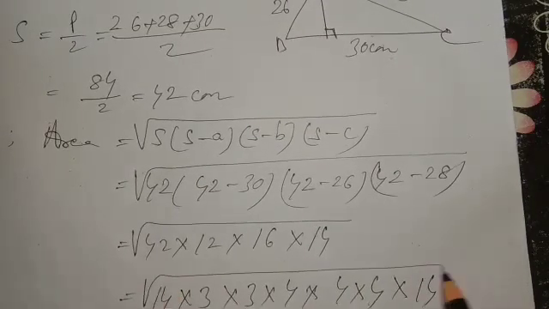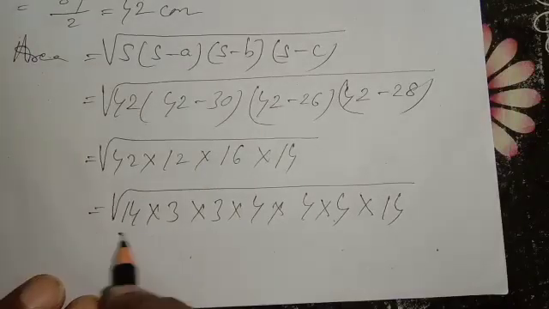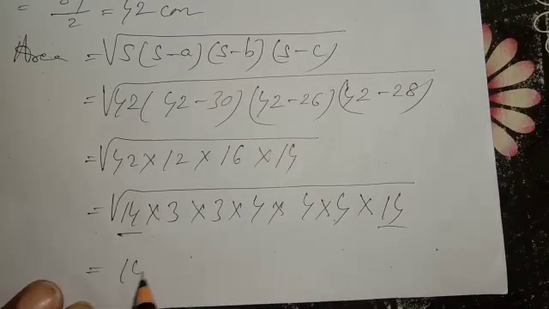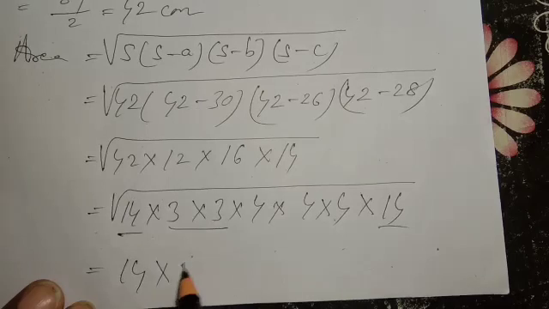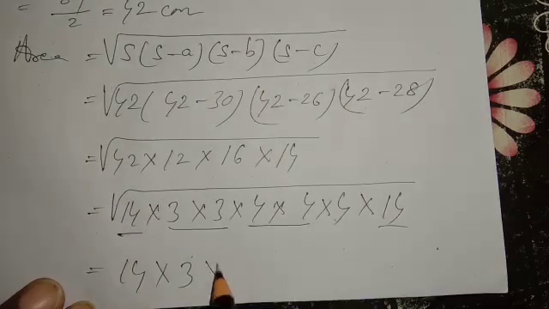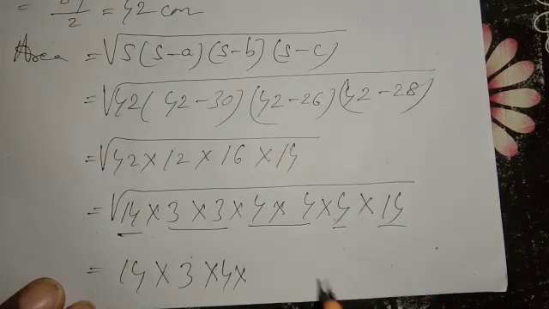Now you see there are two 14s, so we take one 14. There are two 3s, so we take one 3. There are two 4s, so we take one 4, and the other 4's root will be 2.